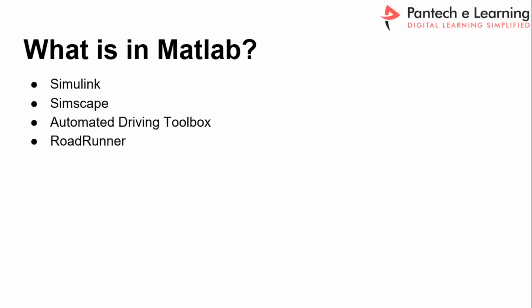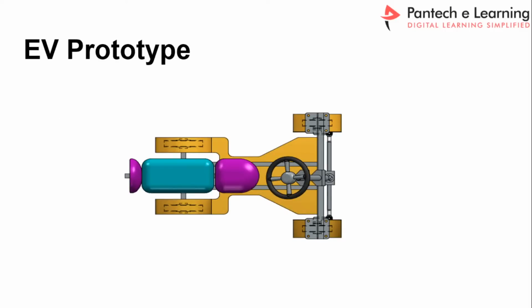And RoadRunner will help you integrate all these things into a single model. So these are the important and essential toolboxes to implement automated vehicle systems, right? From this EV design masterclass series, you can develop a similar kind of prototype.